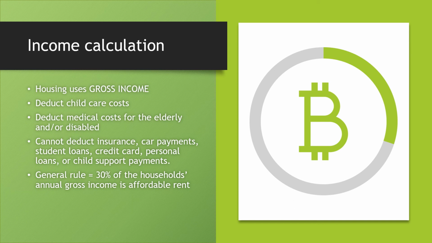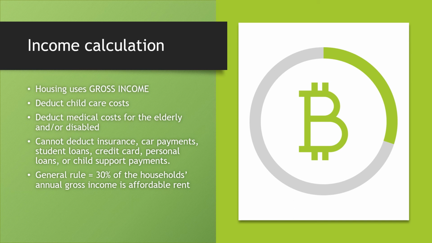Any income that the household receives must count. Any regular income received, contributions from other family members, organizations, any other payments that are received must be counted. Not just the income, but Social Security, child support, and spousal support must be counted as income.